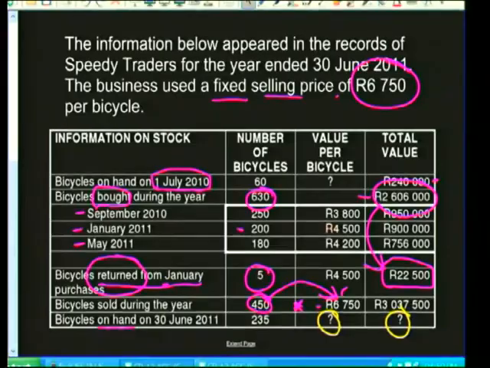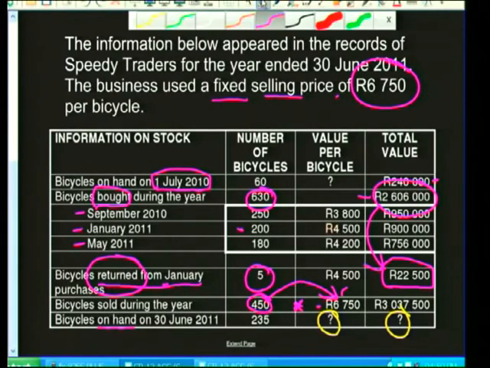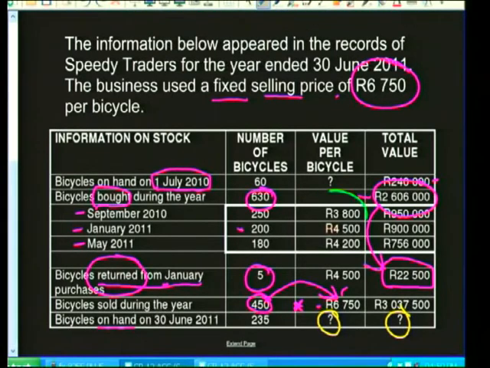So what that actually means is that perhaps FIFO is the more accurate system, because can you see, if you look back at this information, that the value of the stock is constantly changing. The bicycles that we started with, you remember we calculated that number as 4,000 Rand. Suddenly, in September, bicycles became cheaper. They were now only costing 3,800 Rand.